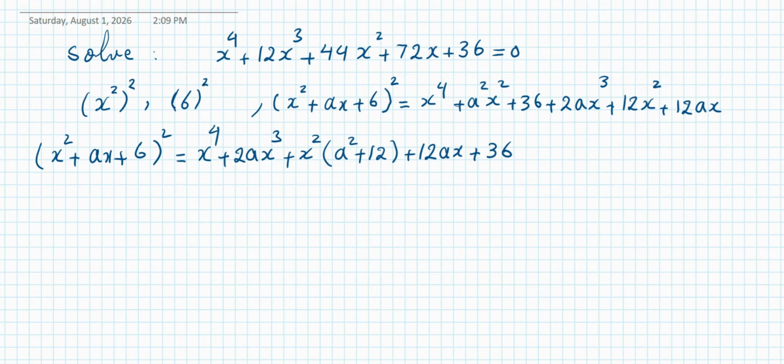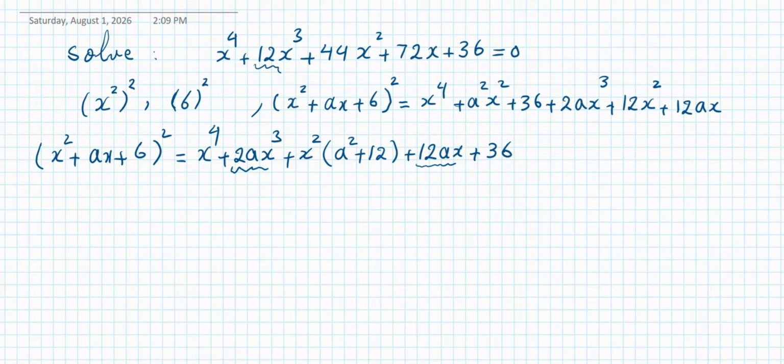By comparison with the original equation, we realize that a has to be 6 because we have the coefficient of x cubed as 2a, and here we have 12. And also that a matches the 72x.